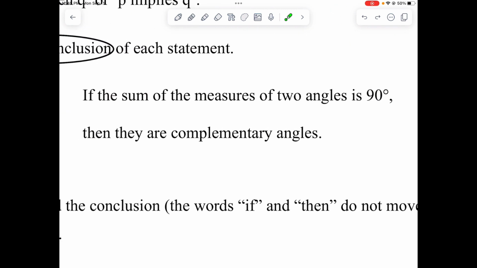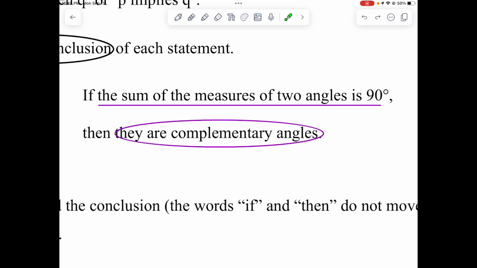Okay. Let's check the second one. The second one says, if the sum of the measures of two angles is 90 degrees, then they are complementary angles. On this one, the sum of the measures of two angles is 90 degrees. That's your hypothesis. They are complementary angles. That's your conclusion. And again, notice the if and the then are not circled and they're not underlined.